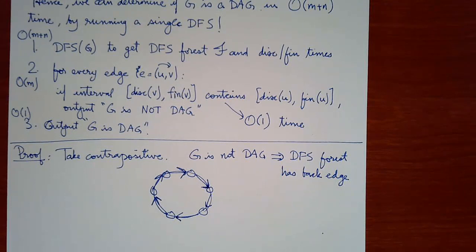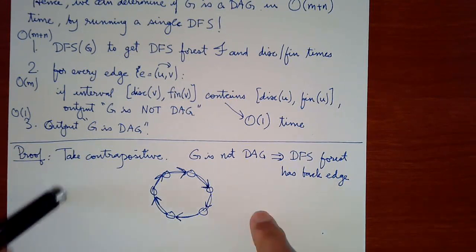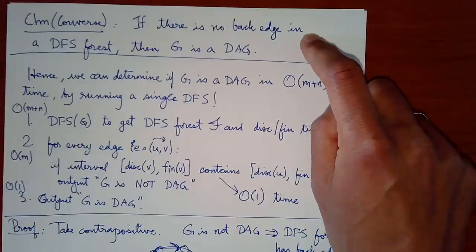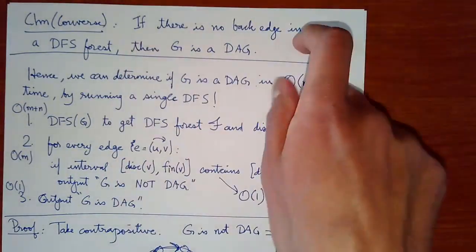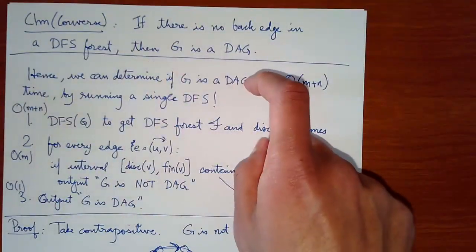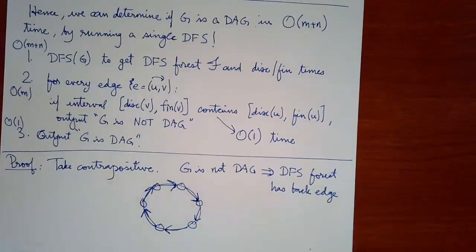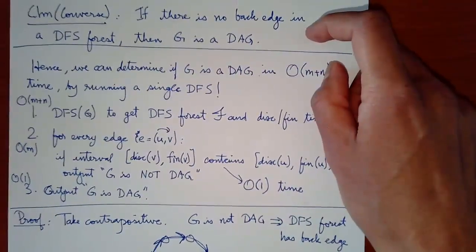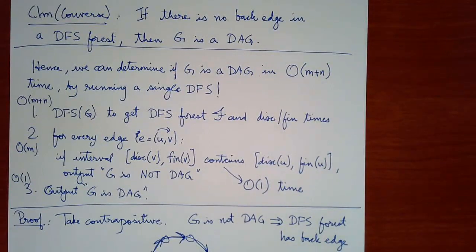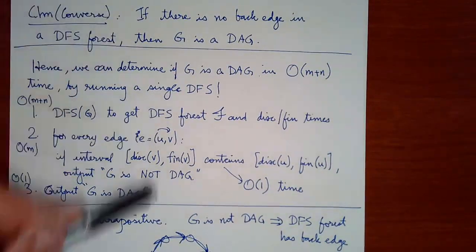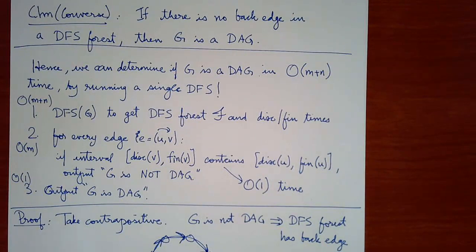We want to prove that it has a back edge, right? Because we're trying to prove this theorem with this claim, which is that if there is no back edge in a DFS forest, then G is a DAG. Now, it turns out it's easier to prove the contrapositive of this statement. Hopefully you understand what I mean by contrapositive. The contrapositive of P implies Q is not Q implies not P, which is an equivalent statement.